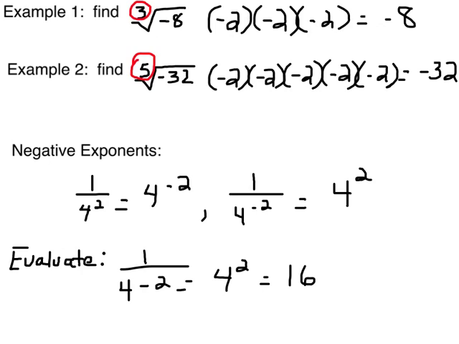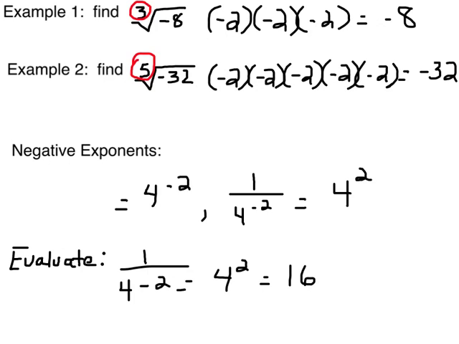Okay? So, for instance, 1 over 4 to the negative second, not to the negative second, to the positive second. 1 over 4 squared.